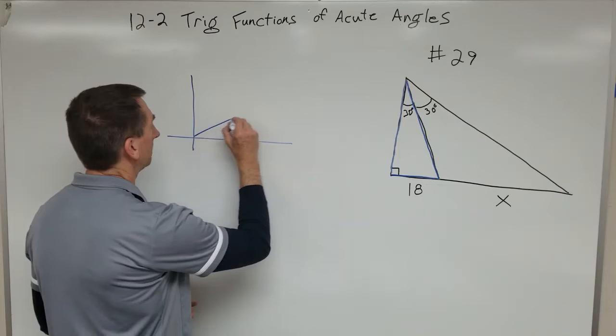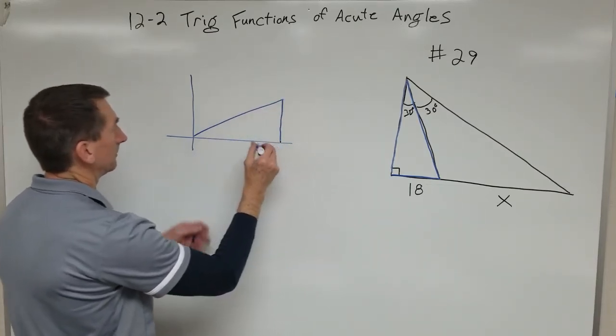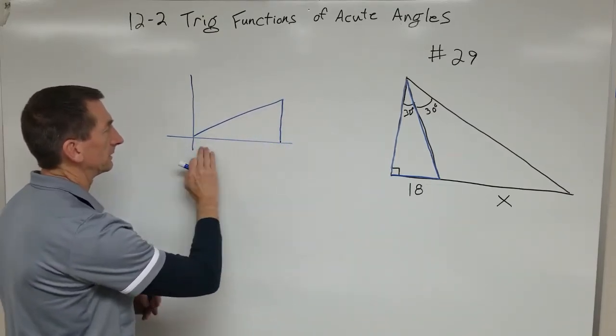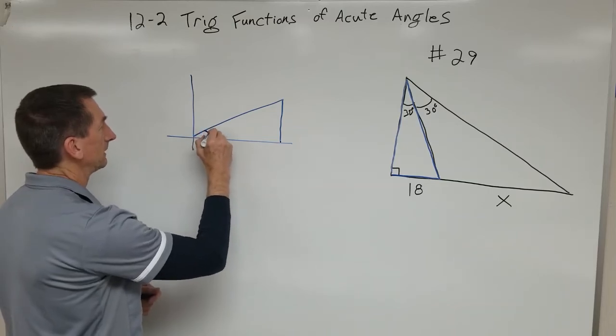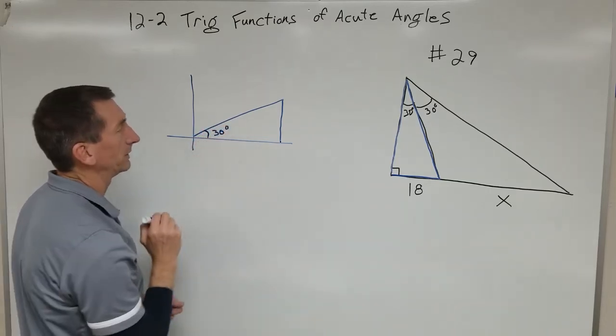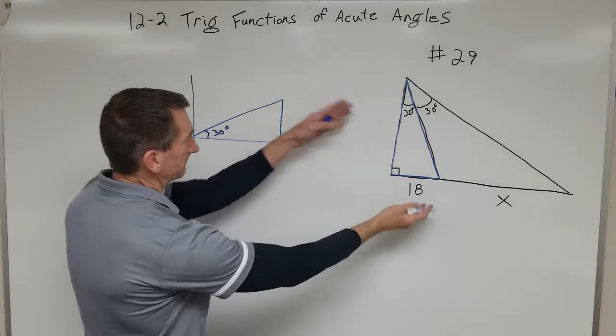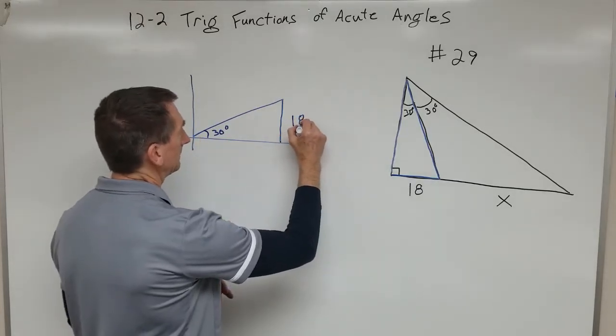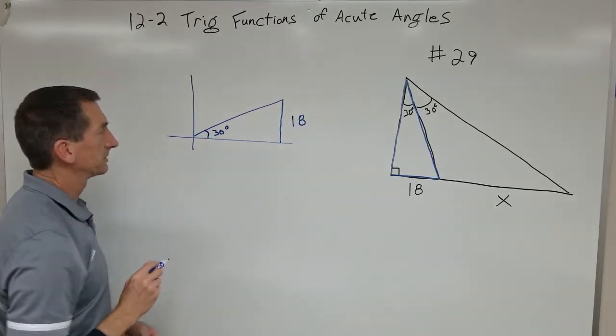If I put this into the initial standard position, I can see what's going on a little bit better. I know this value here is 18, and this angle is 30.